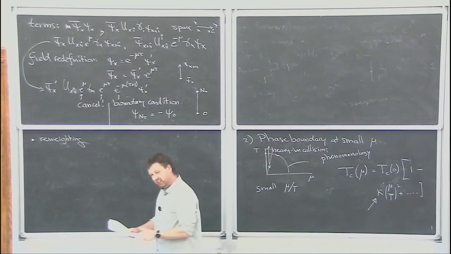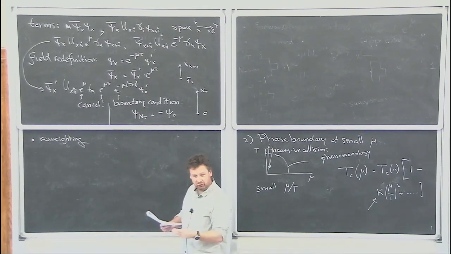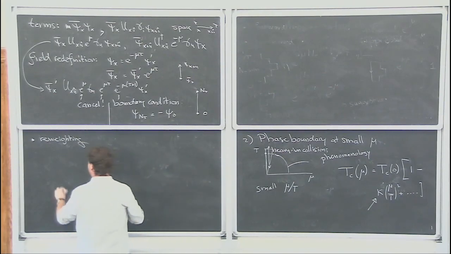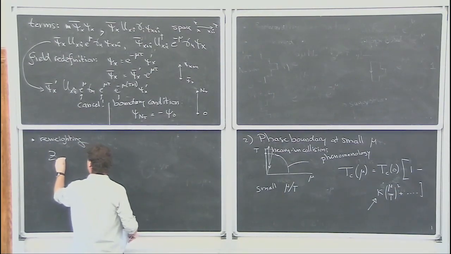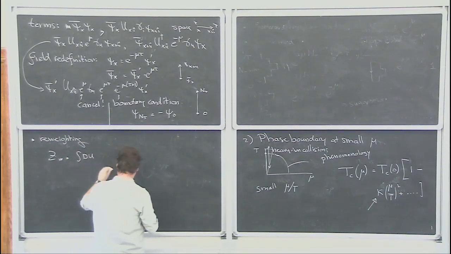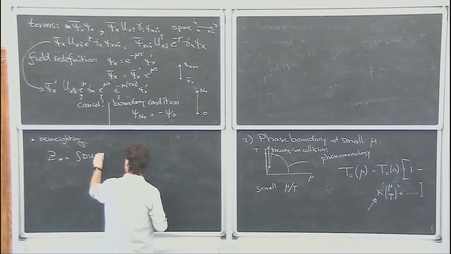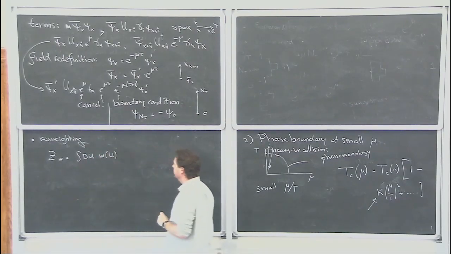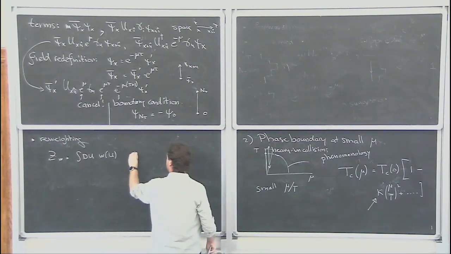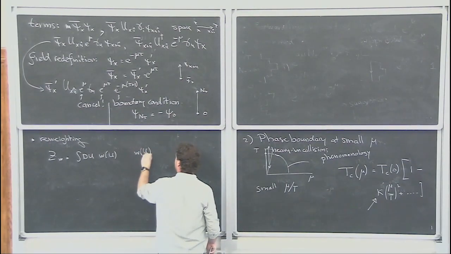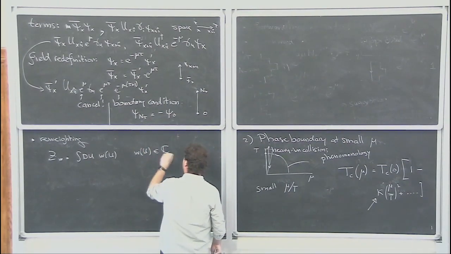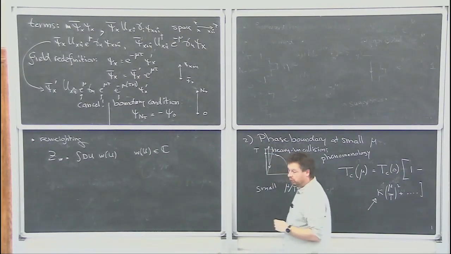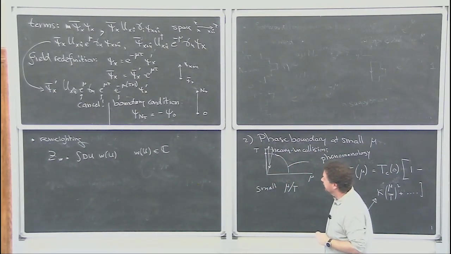We have actually already seen reweighting because it's linked to the overlap problem. So what is reweighting? We have a path integral over U with some weight W here. This is a general weight, and what's important is that it's a complex-valued weight. So it's not a probability, it's a complex number, just like the fermion determinant is complex.